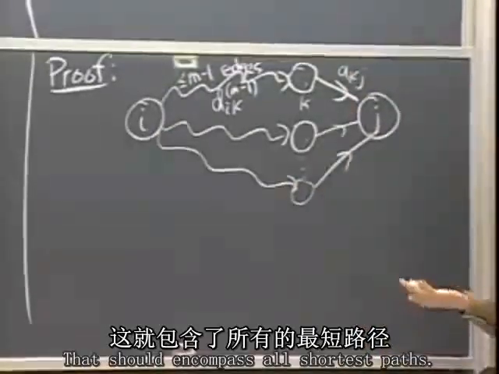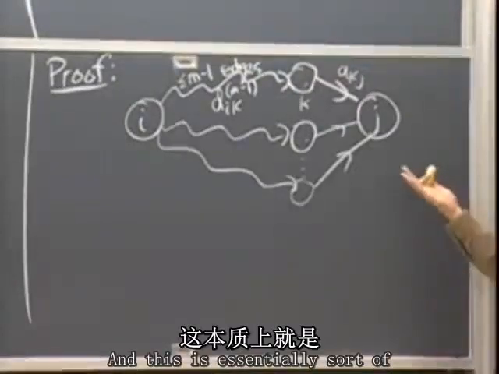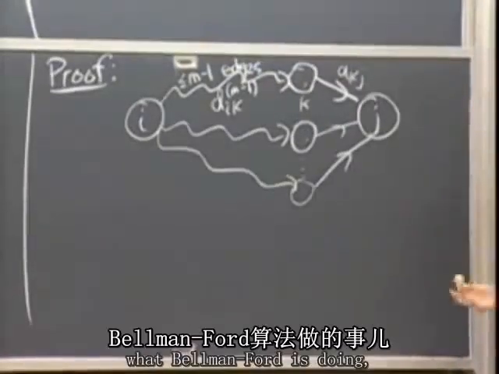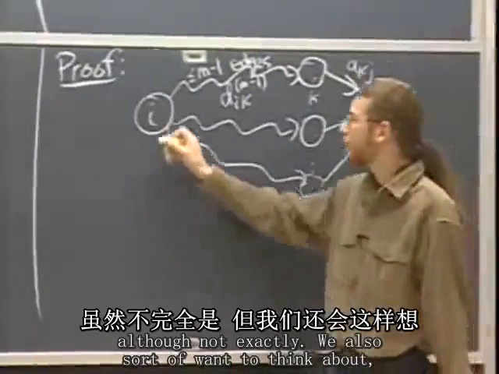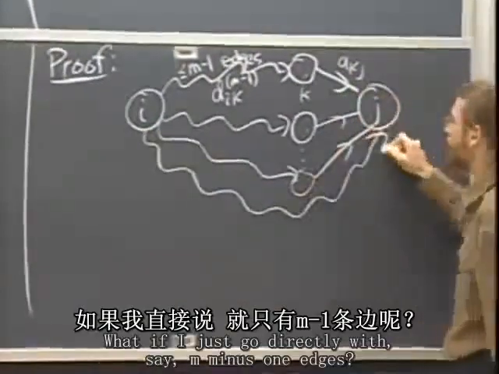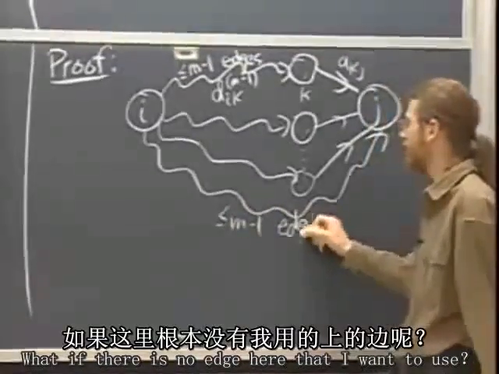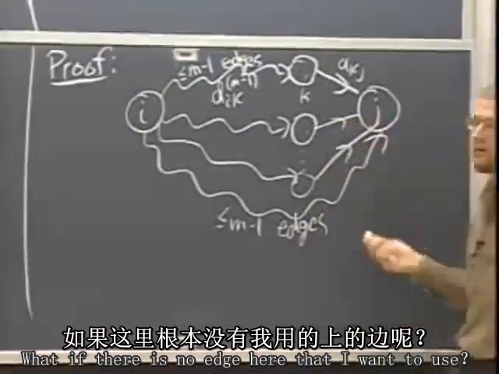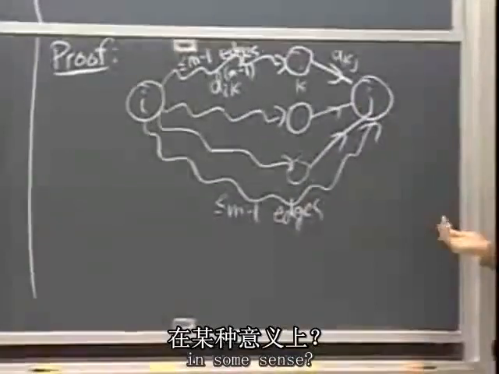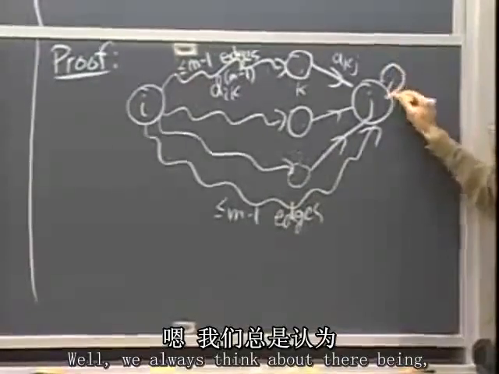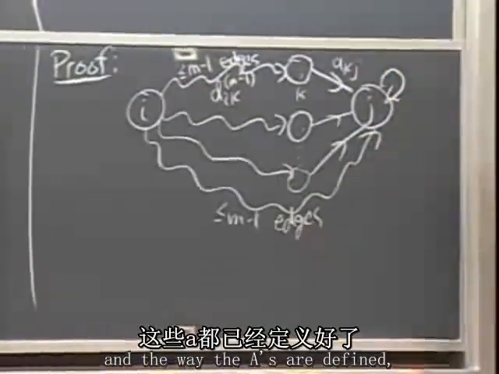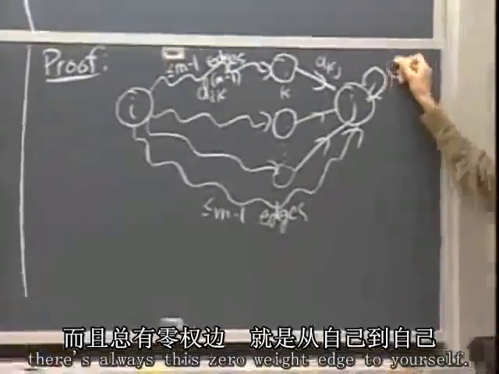That should encompass all shortest paths, and this is essentially what Bellman-Ford is doing, although not exactly. We also want to think about, well, what if I just go directly with, say, m minus 1 edges? What if there is no edge here that I want to use? Well, the way that the a's are defined, there's always this 0 weight edge to yourself.